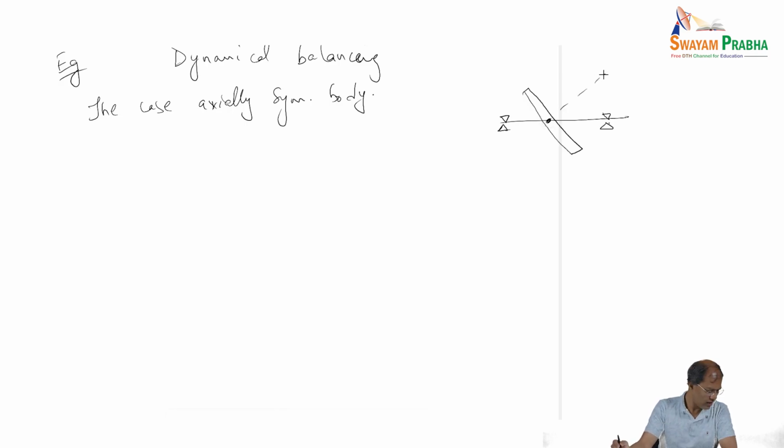So it is rotating about the pivot point, asymmetrically pivoted. So we have this angle beta. So a case of an axially symmetric body which is smoothly constrained to rotate about a fixed point.